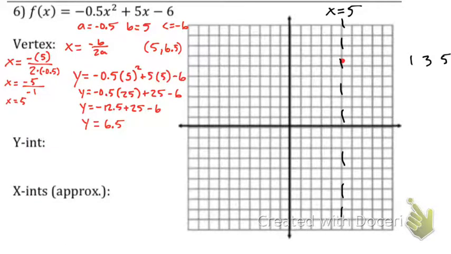But it is affected by our a value, and our a value is negative 0.5, negative 1/2. So how does our 1, 3, 5 rule look? Negative 0.5 times 1 is negative 0.5.